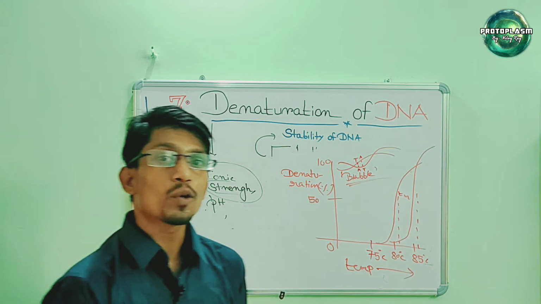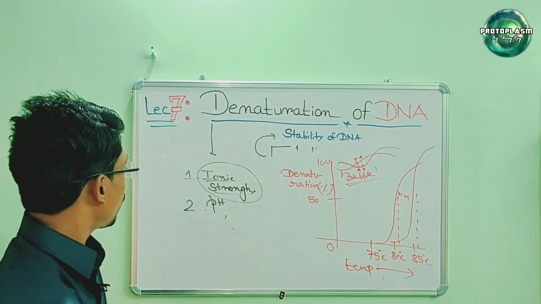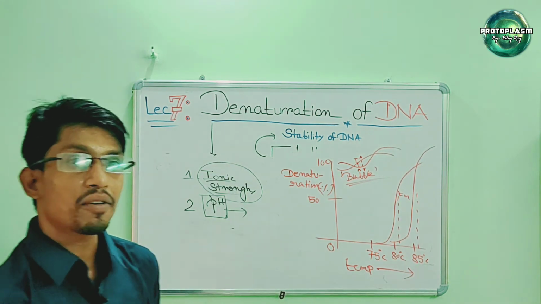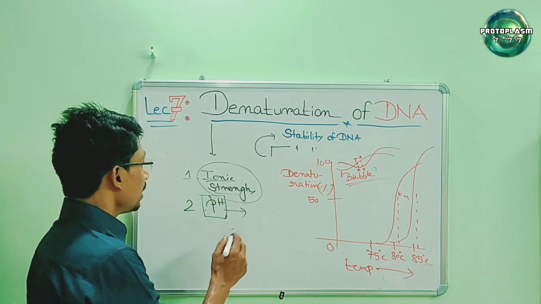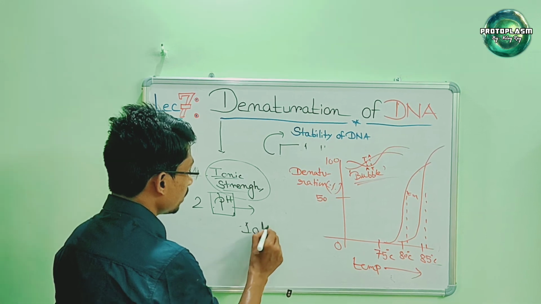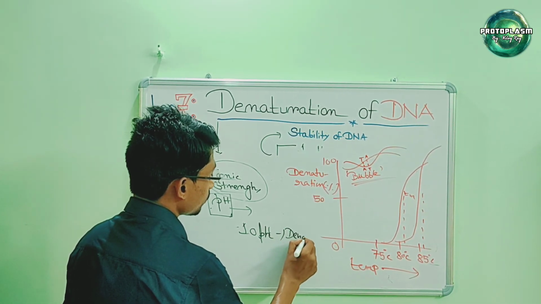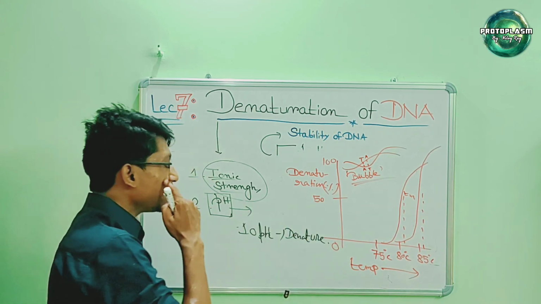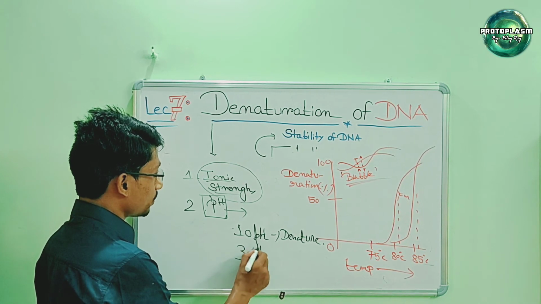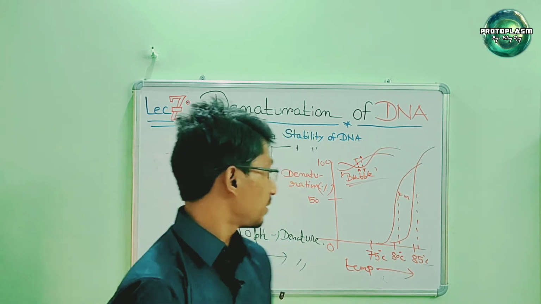Deprotonation occurs, mainly repulsions. Another factor for denaturation is pH. Just remember, at a pH of more than 10, DNA is denatured due to deprotonation, and at anything lower than a pH of 3, in the acidic range, it is also denatured due to reprotonation.